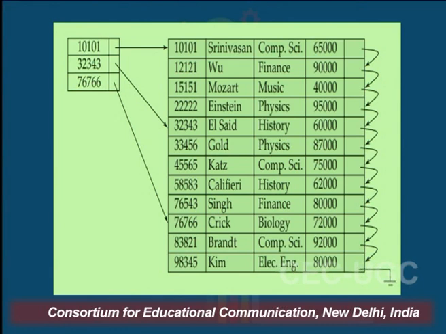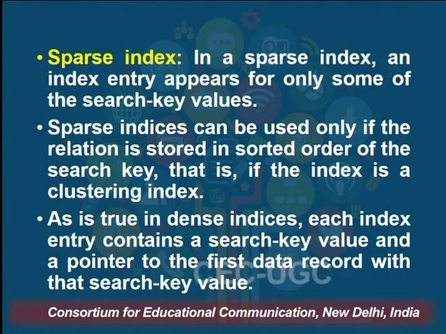But here the index itself is not maintaining all the values of the search key, and hence the space overhead of the index is less as compared to the dense ones. So in a sparse index, an index entry appears only for some of the search key values, not for all search key values as we did in the dense index.